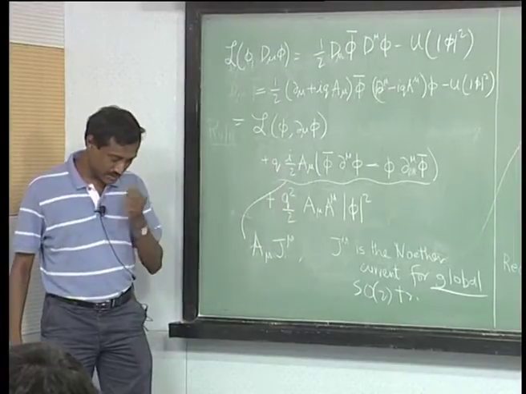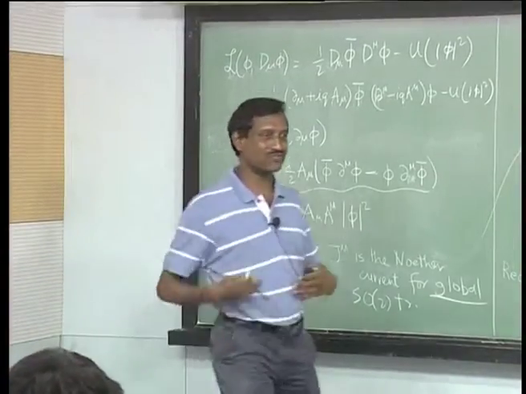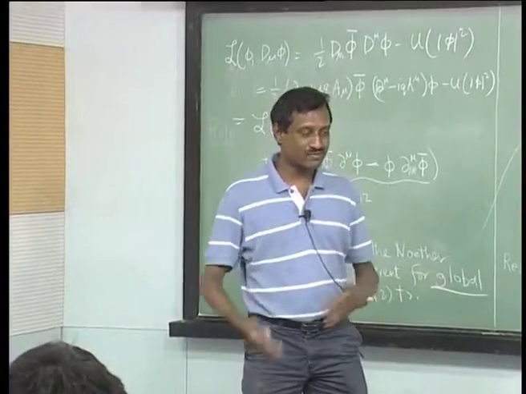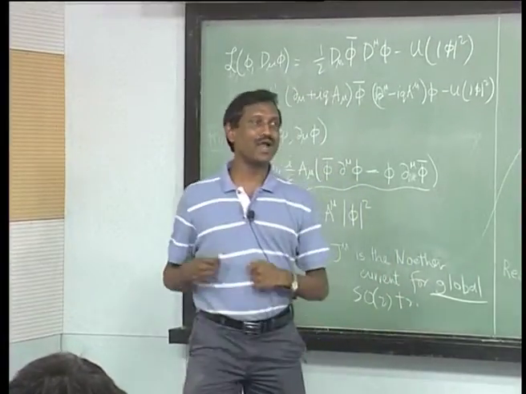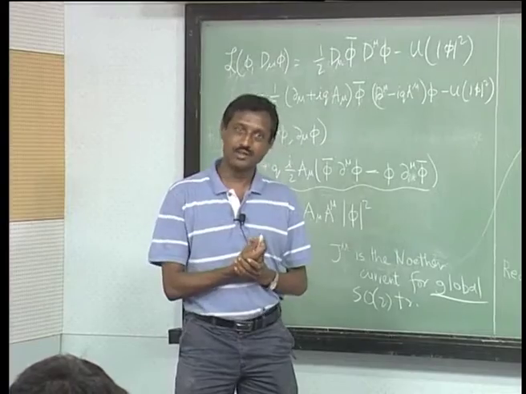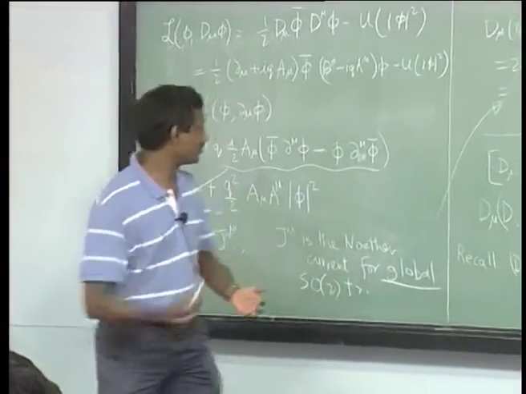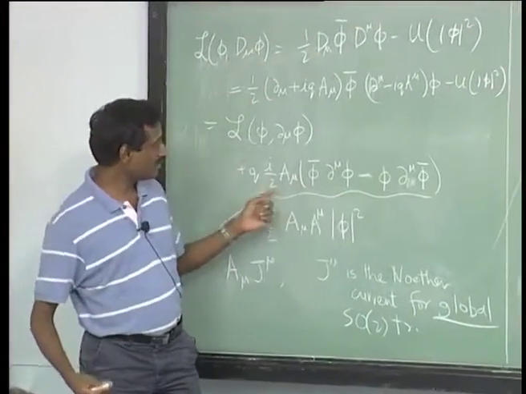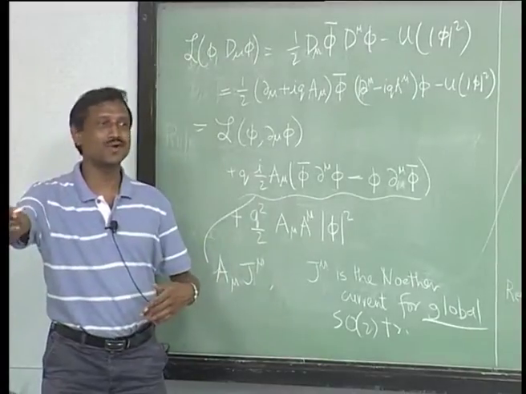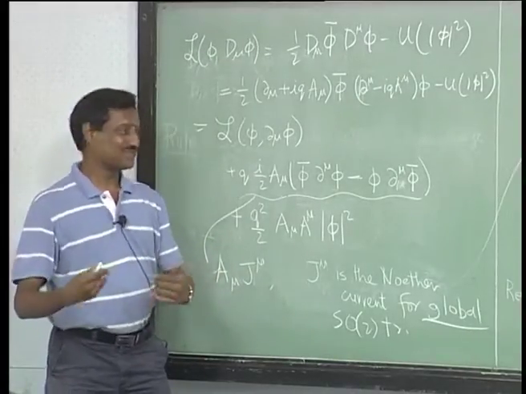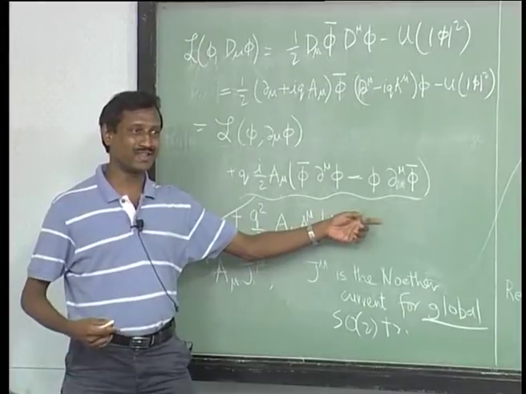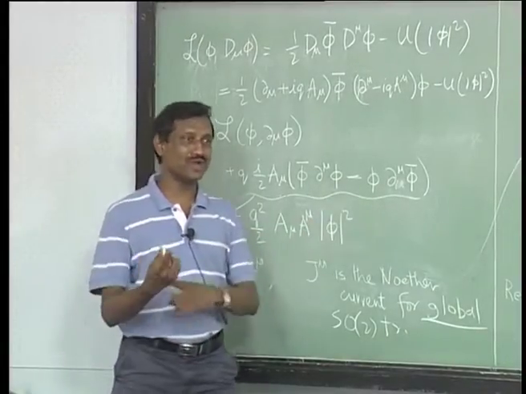In fact, I know of instances where this kind of method is used, called the Noether method. If you have some symmetry which you want to make local, you start out with the global part, you write the linear piece, and then of course you need the next order piece to fix. So, you go ahead and do the variation of that, and you will find that you need to add one more term.